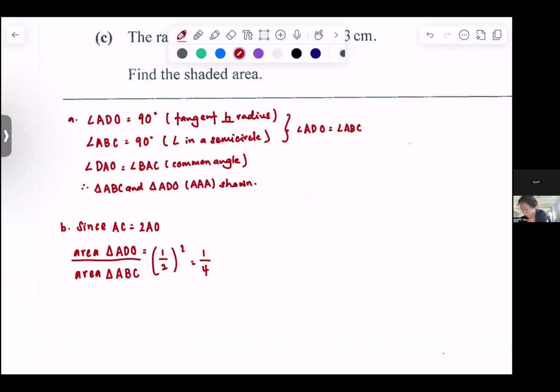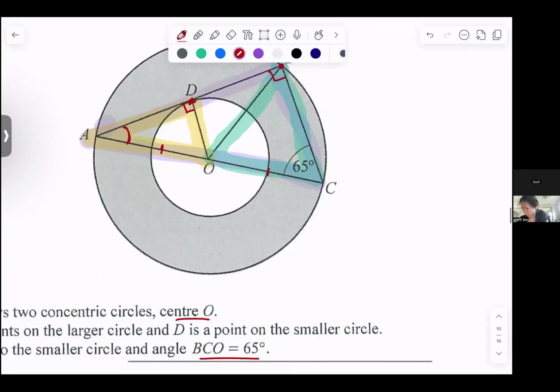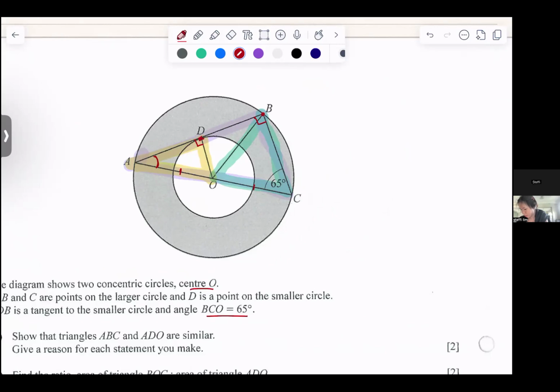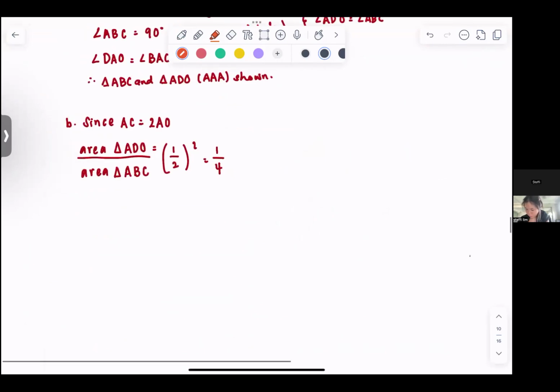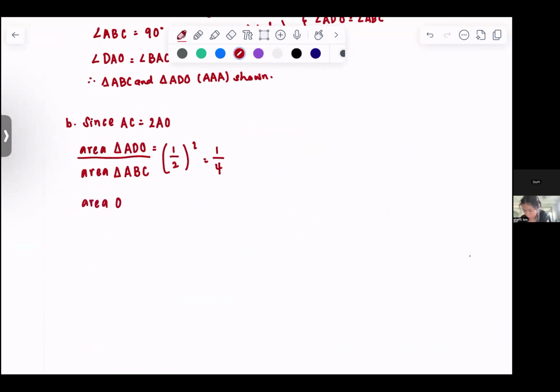And then how do you find this quadrilateral ODBC? There are a lot of colors. This orange quadrilateral is essentially the big triangle minus ADO. We already know the information, so area of ODBC equals 4 minus 1, so that's 3 units.